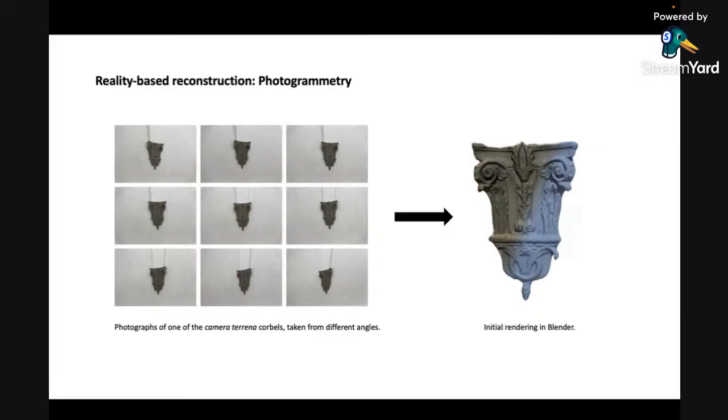With a laser scanner, we put it in the middle of the room and it records everything. With photogrammetry, we can basically choose to only record one of those corbels here. They were there on top of the walls to support the ceiling and the vaulting. To do this photogrammetry, we just take several pictures from different perspectives and let the computer assemble them into a 3D model. But it works most of the time quite well.